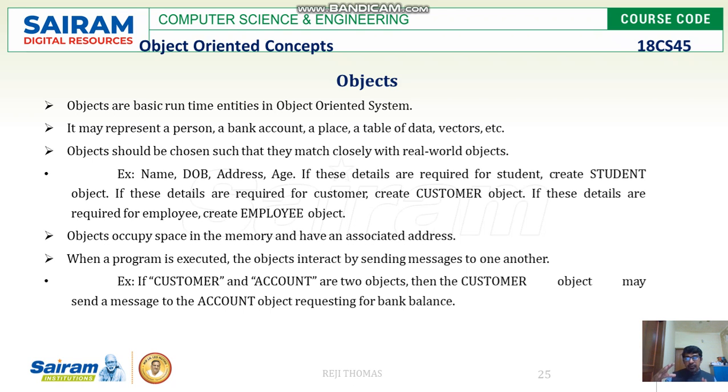Every program is divided into a collection of objects, and objects contain functions and data. They are tied together and not allowed to move freely through the system. During execution, the objects interact by sending messages.